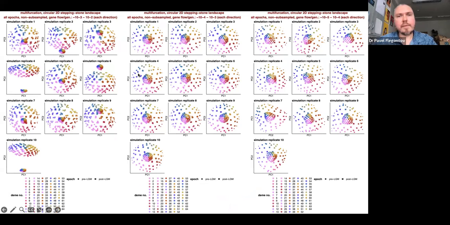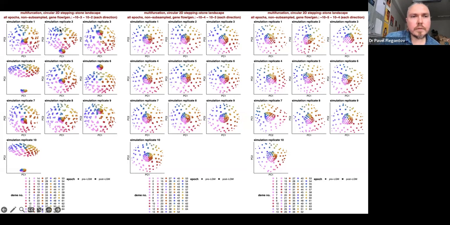And then we explore 3 types of landscapes: with high gene flow intensity per generation on the left, with intermediate in the middle, and with very low, 10 to minus 5, 10 to minus 4 per generation on the right. These numbers mean that 10 to minus 5 to 10 to minus 4 of individuals in a particular deme in a particular generation come as migrants from a neighboring deme.